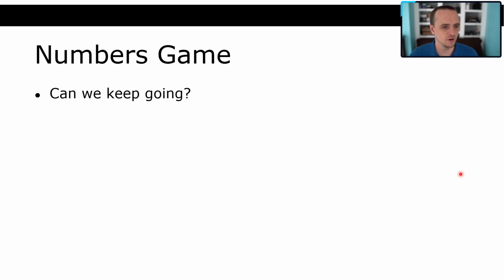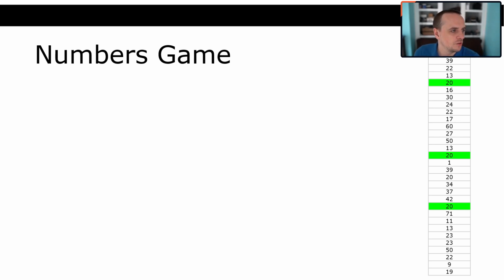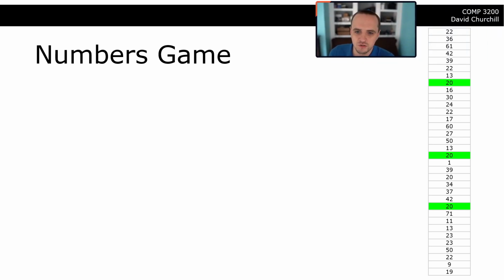But can we keep going with this? Well, first of all, let's look back at what our choices had been. So let's see what people chose. Someone chose a 61. For full transparency, 2 people chose 100 and 5 people chose 69, and I deleted all of those.